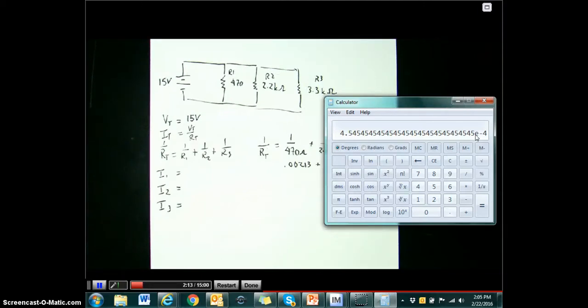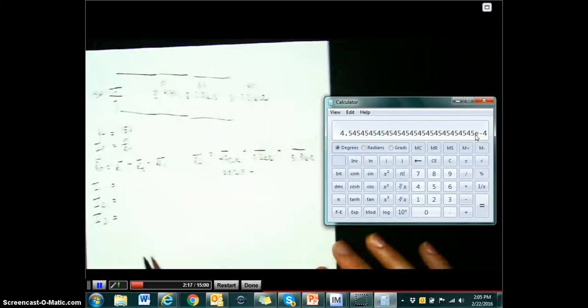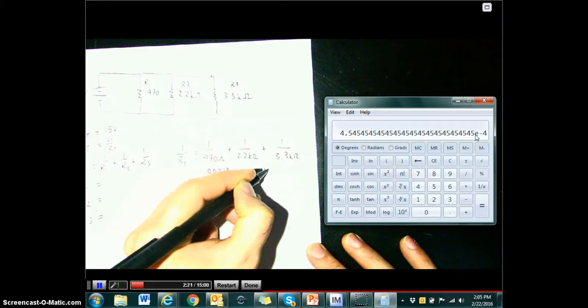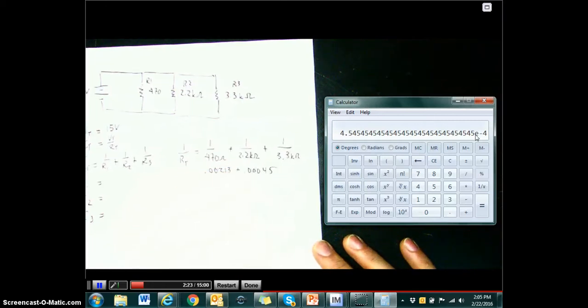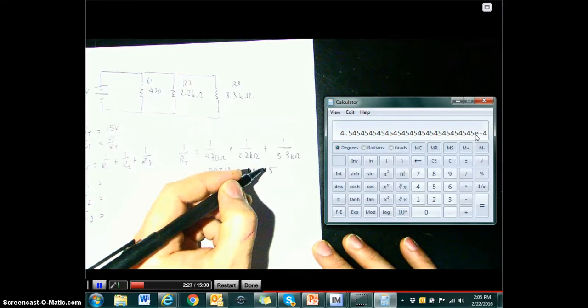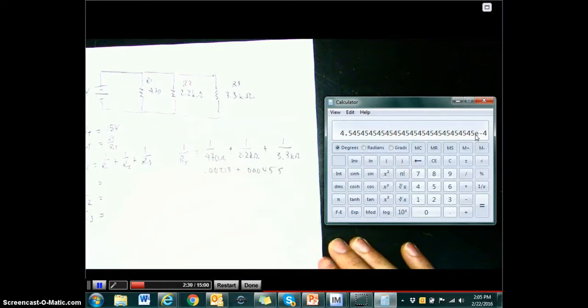Which direction? To the left, right? So it ends up being 0.000455. We'll carry 455.